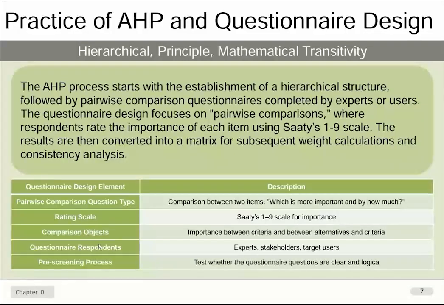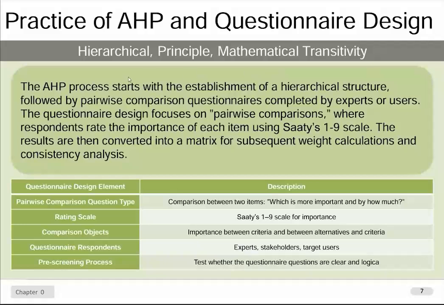Okay, so now let's take a look at the practice of AHP. And for this week, what you have to do is the questionnaire design. So I think the keywords are hierarchical, principle making, and mathematical transitivities.